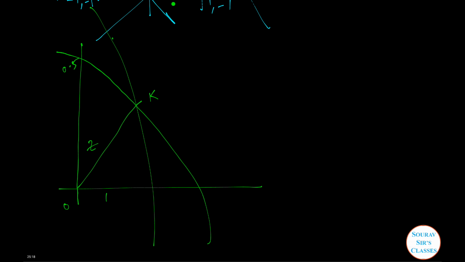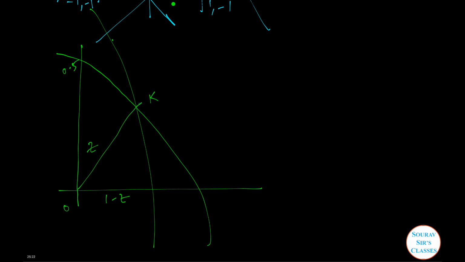If this is z, this will be 1 minus z, and here the halfway mark, like this. Really, this is 1 minus z. So maybe just n. And here the parabola is going, so this is our one thing.